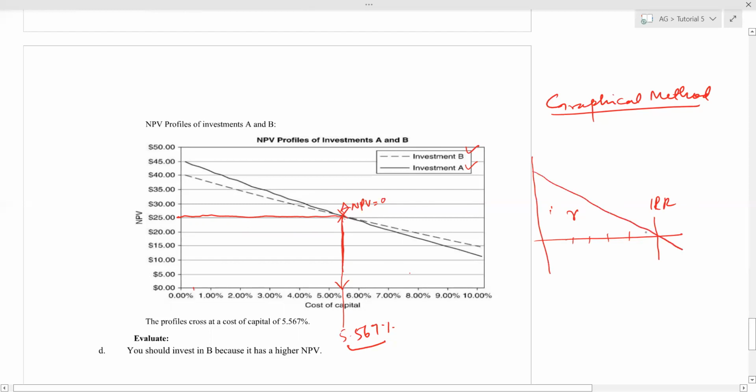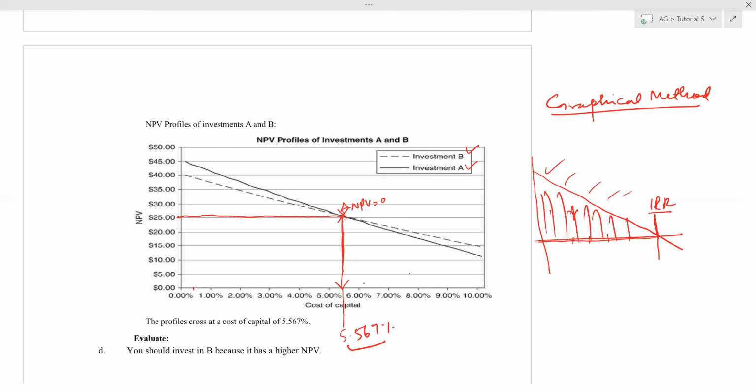So previously we were trying to get financing lower than the IRR so that we can make a positive NPV. The lower the cost of capital, the higher the NPV. The same goes for this graph as well, but since we have two projects, we cannot decide.